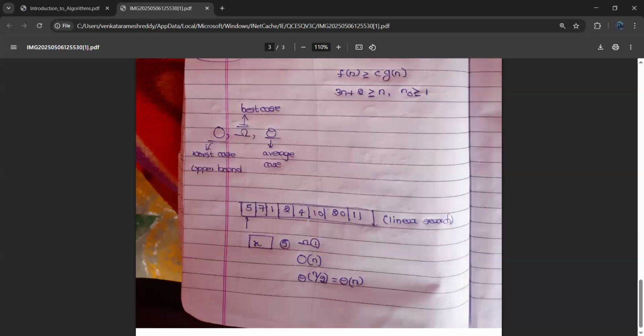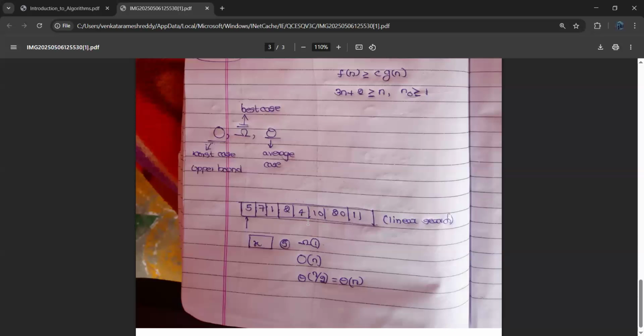So this is called the worst case time complexity. So order of n is the worst case time complexity for the linear search. And for the average case also, it will take the order of n.